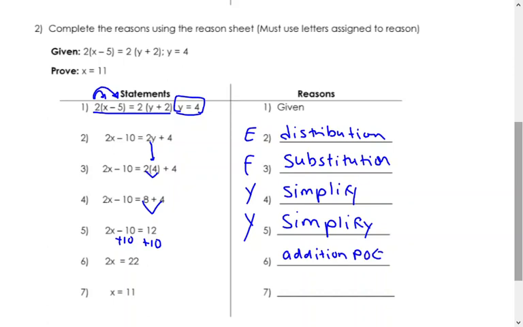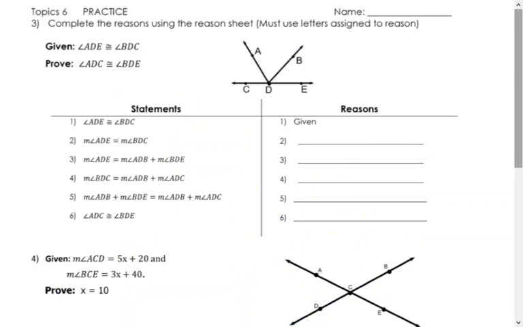Addition property is choice A. When we get from 2x to x, what we did was we divided both sides by 2, which would be the division property. And the division property is choice D. We're going to flip the page over and look at proofs 3 and 4.